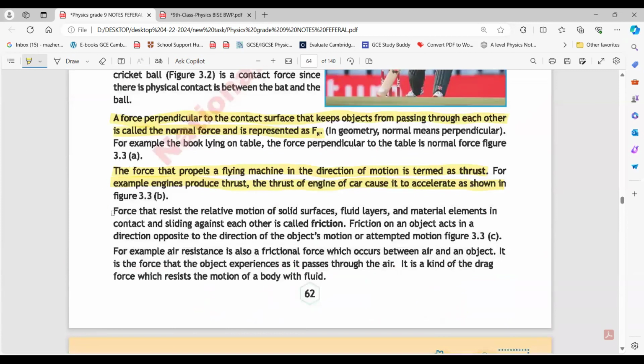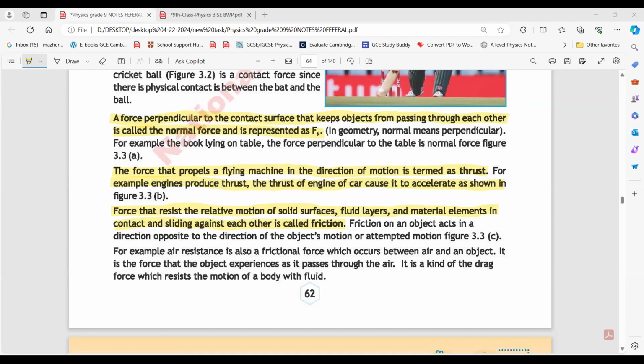The force that resists the relative motion of solid surfaces, fluid layers, and material elements in contact and sliding against each other is called friction. Hold on a second.